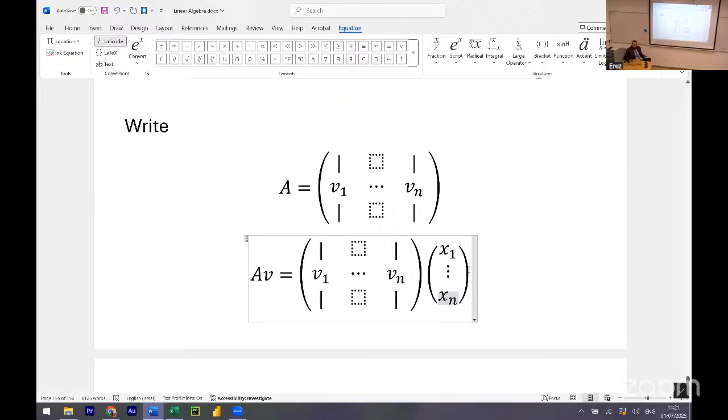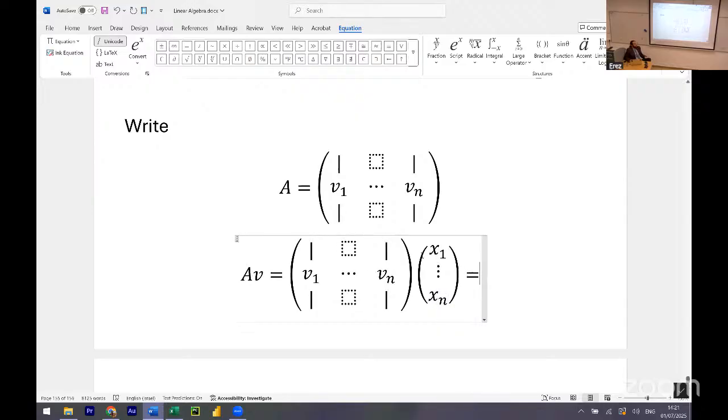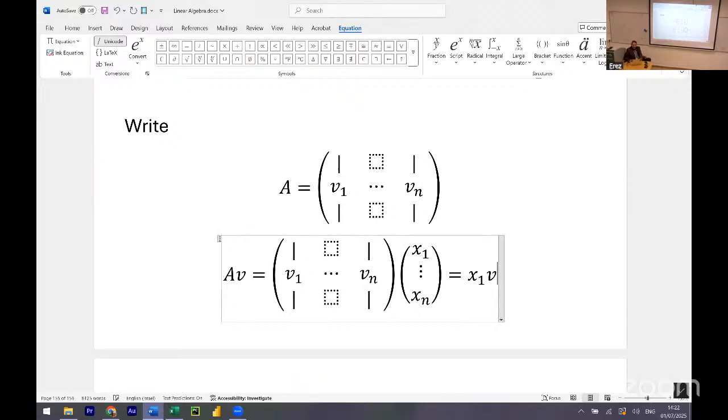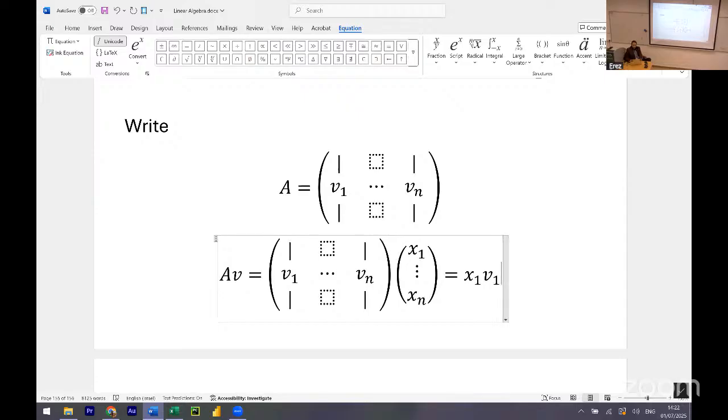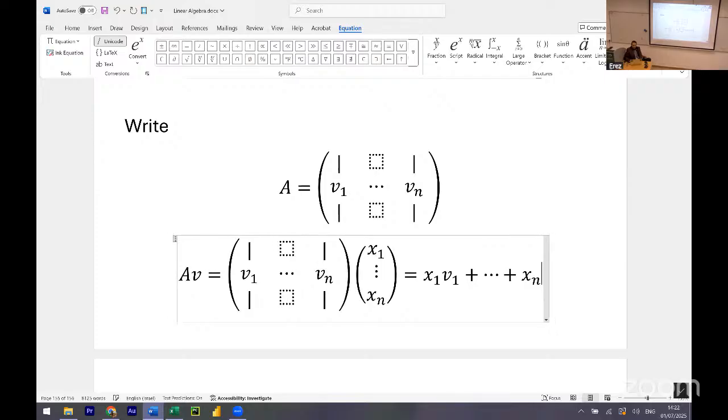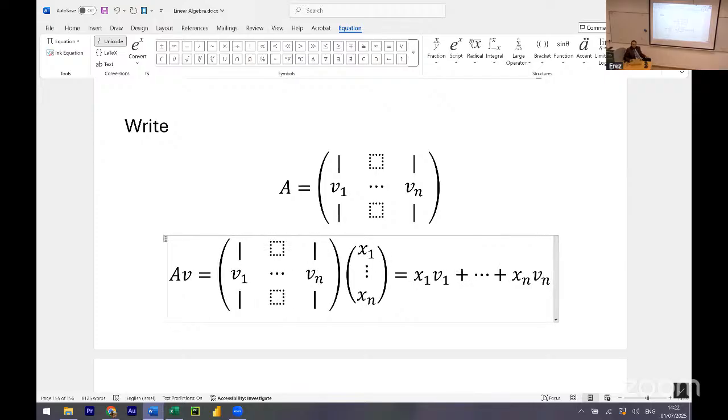Do you recall how to calculate this? It's X1 times V1 plus, and so on, plus Xn times Vn.